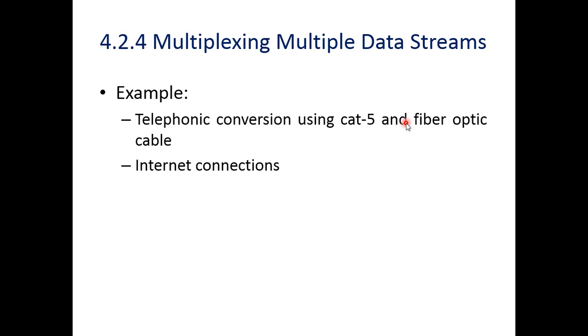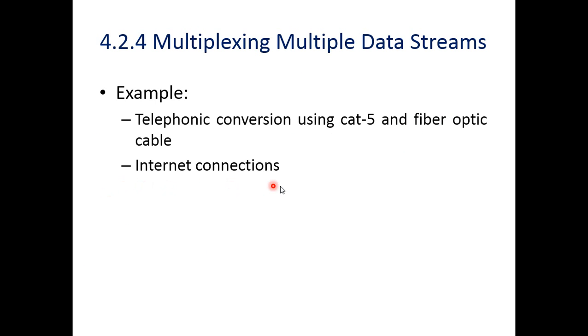Outside the society there is one tower, and that tower contains a single box where all the cables of the 100 houses combine, and that box carries a single very high bandwidth cable, and all the data from the 100 different cables is now carried on a single high bandwidth cable up to the telephone exchange or more, using Cat5 or fiber optics cable.